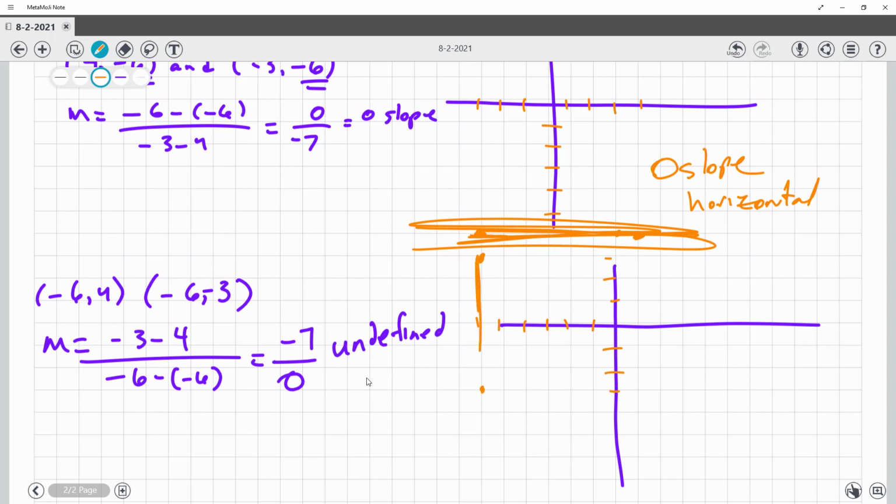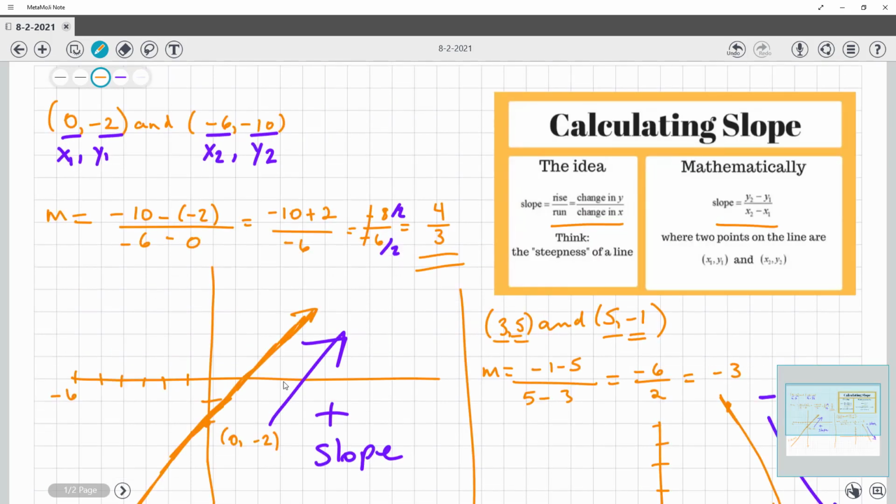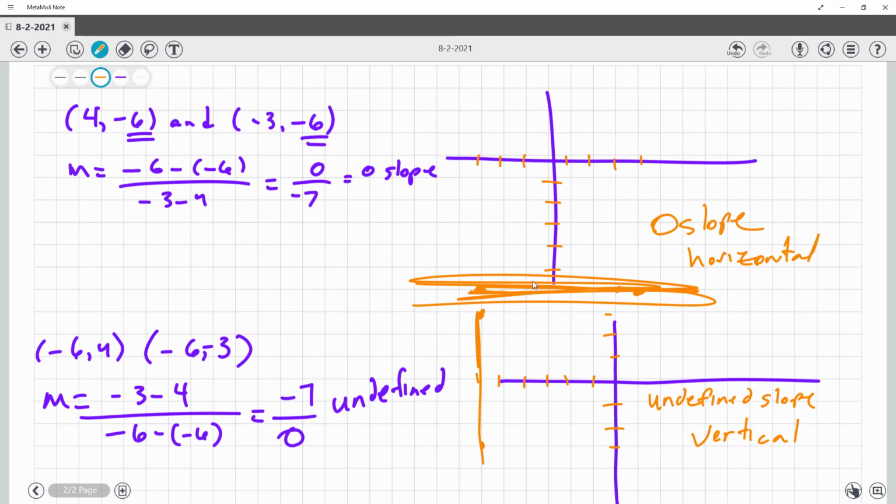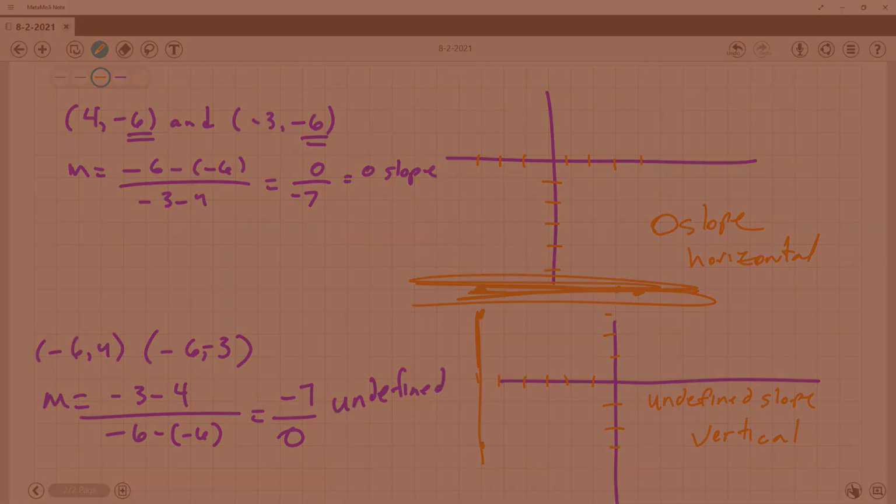What's happening is that an undefined slope is a vertical line. I typically always graph and see what they look like, but at least know that if you have a positive slope, the line's going up, negative slope, the line's going down, zero slope, constant, no change, and then finally a vertical line is where the slope is undefined.